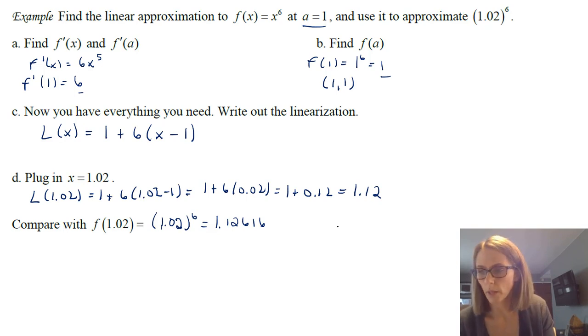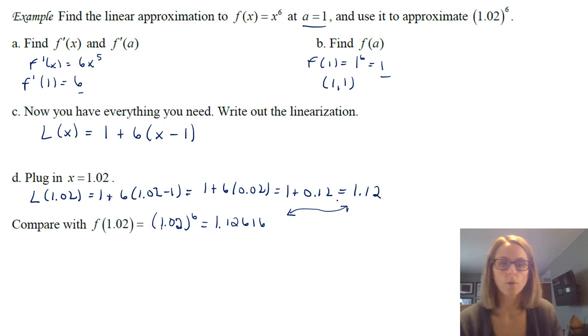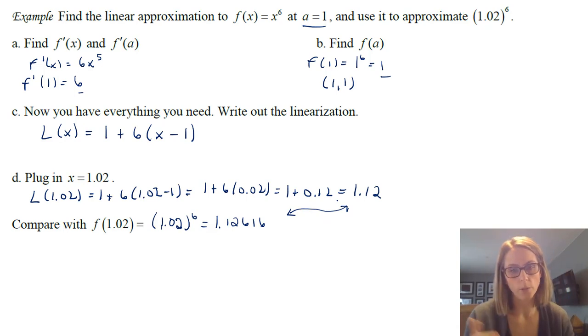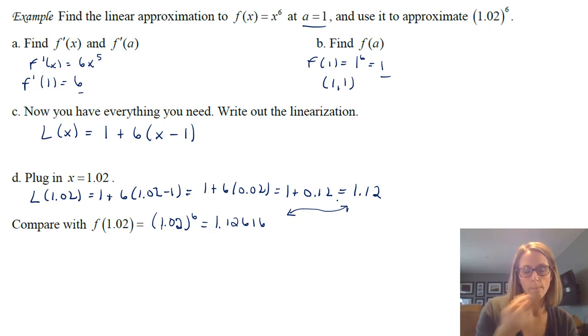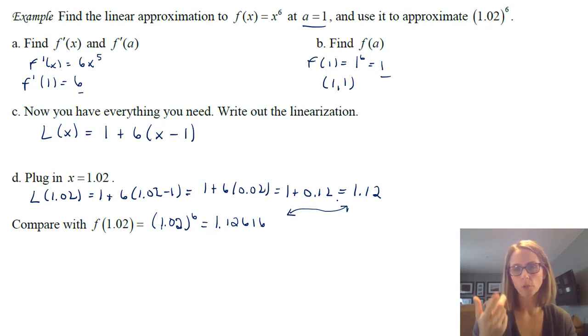And then, of course, the big thing to see is that this is close to the actual value of 1.02 to the 6th. That's the big idea with linearization. You find the tangent line, that's a linearization, and for any value that's close, you can do some approximations.